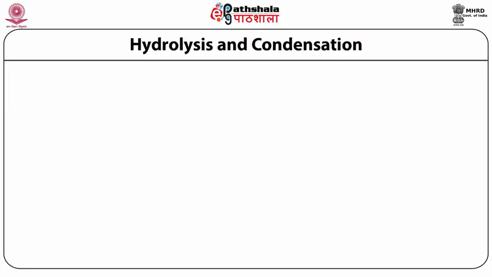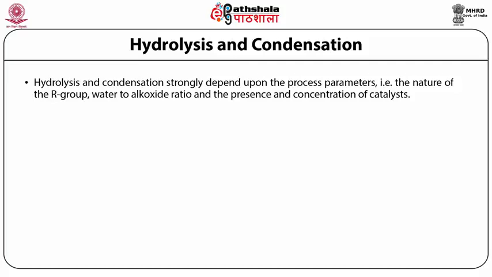We next discuss the hydrolysis and condensation process. Hydrolysis and condensation strongly depend upon the process parameters, that is, the nature of the R group, water to alkoxide ratio, and the presence and concentration of catalyst.